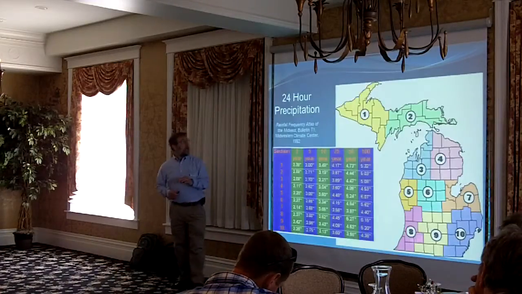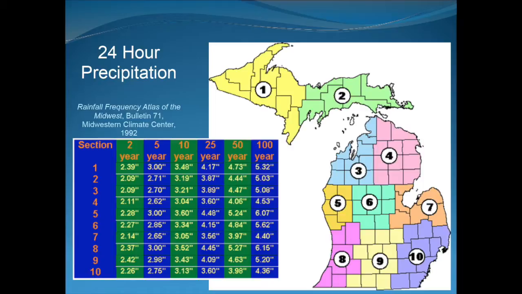It probably needs to be tweaked again, because this was the chart that I normally use to determine rainfall in Michigan. You can look this up a couple of different ways. It's out of Midwest Bulletin 71 from 1992, but you can still use this. It isn't that far off, but it's changing because of climate change.